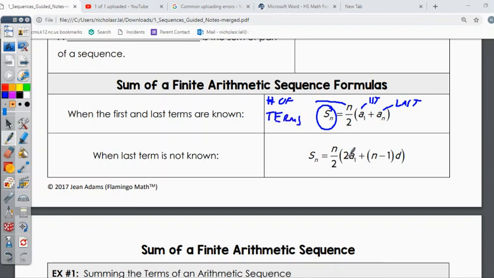And the same applies here when the last term is not known: it's going to be the number of terms times 2 times the first term plus n minus 1 times the common difference. This would be the common difference for an arithmetic sequence.